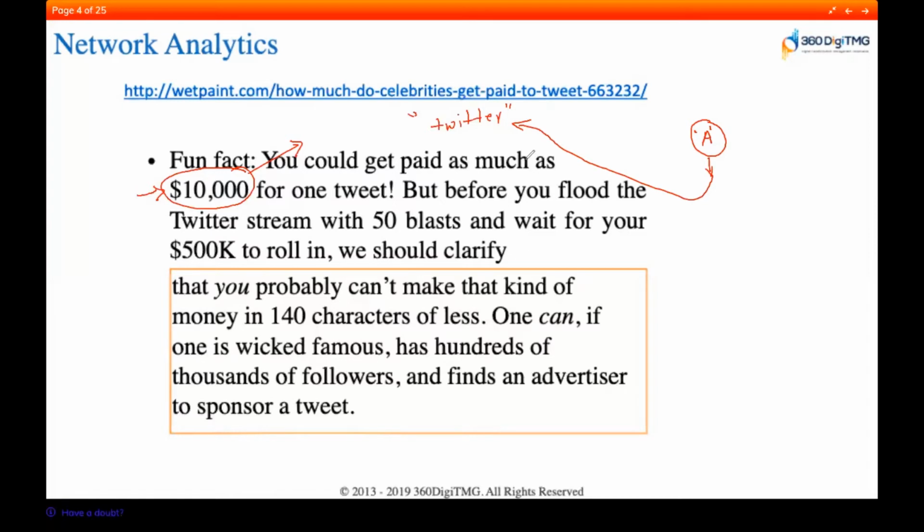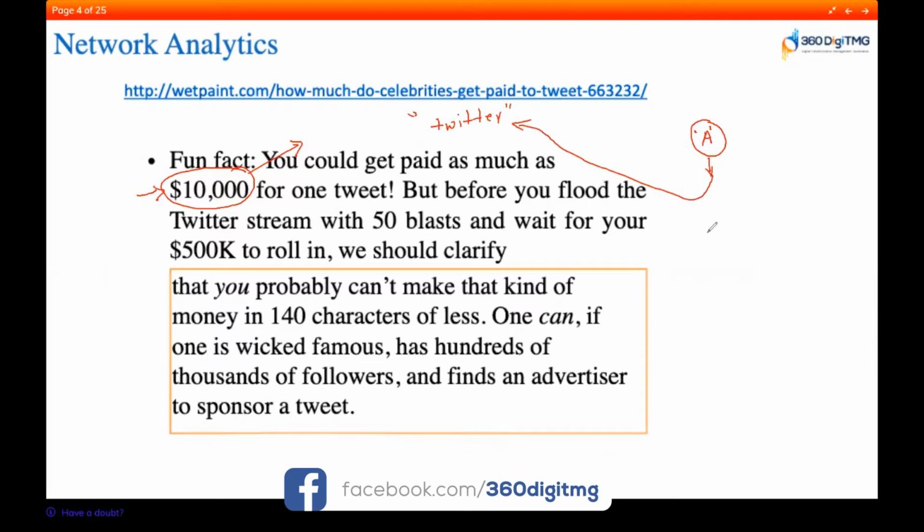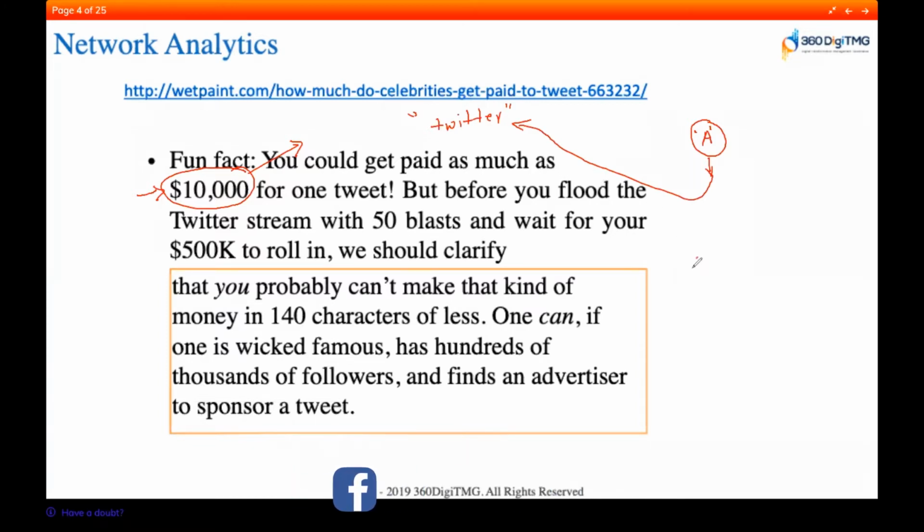What I do here is I make some arrangements with the digital marketing system. Hope you guys are aware of what digital marketing is, right? So I make some arrangements with the digital marketing system and pick up some of the celebrities who have more followers. Let's say there is a celebrity XYZ who has 1 million followers on Twitter.